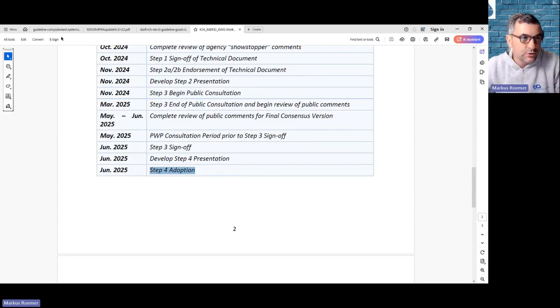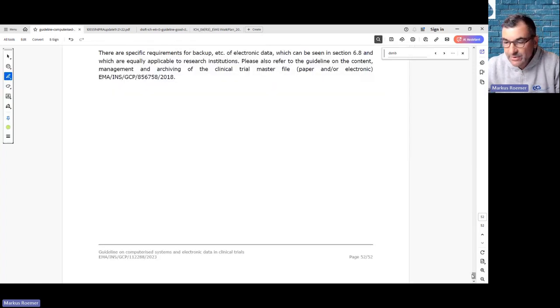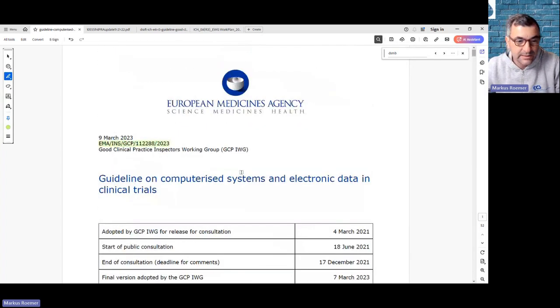Okay, conclusion, what I have shown to you, a great document. EMA, thanks so much, guideline on computerized systems and electronic data in clinical trials. GCP guys, auditors, companies, really worth to read that. Update your CSV approach. Don't listen to CSA nonsense. Here you find very good information.